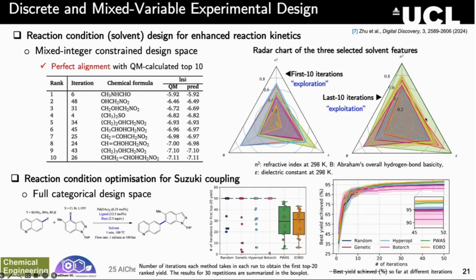But by the last 10, it converged towards a focused region, which shows efficient exploitation of high-performing areas. So this demonstrates that PWAS is balancing exploration and exploitation properly while staying entirely within the chemically feasible regions, just because it can also handle the constraints.